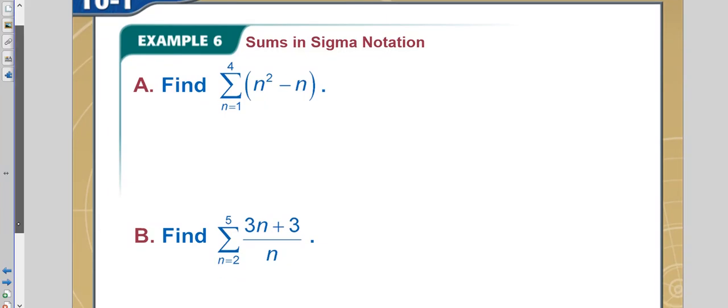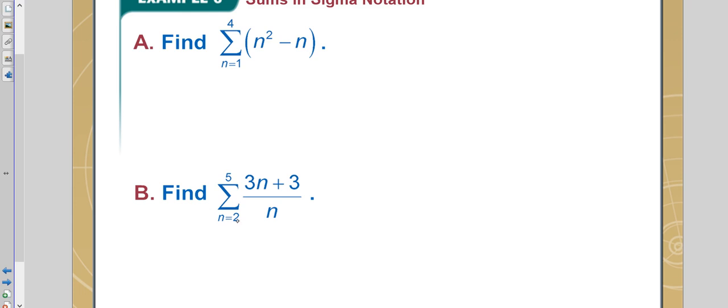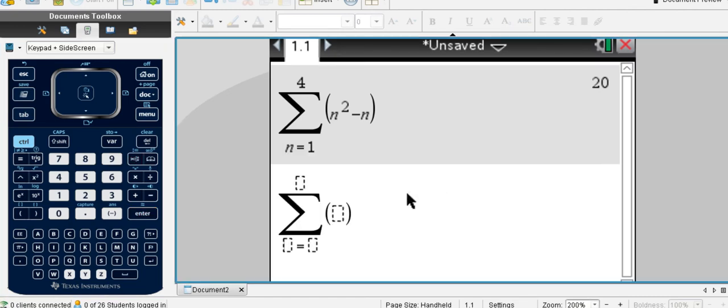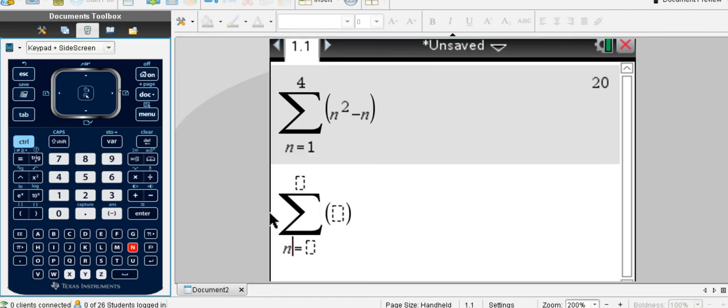Part B asked us to find the partial sum of the 2nd through 5th terms of (3n plus 3) over n. So this time we'll do it again. From n being the second term, we're going to add all the way up till we get to the 5th term.